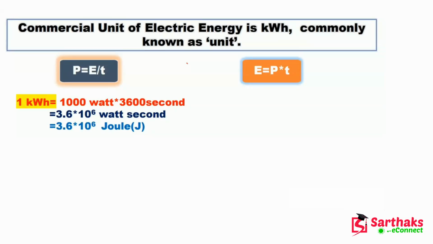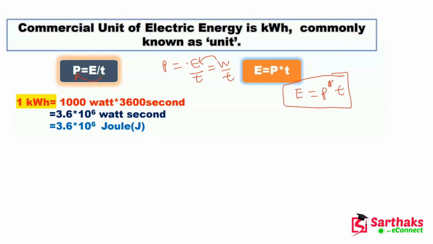We know that power is written as E upon T. Now you can cross multiply this T here, and then our energy will be equal to P multiplied by T. We saw that power is energy upon time, or work upon time, in our previous slide. This work done can be written as energy, and if you cross multiply it, it gives you E is equal to P multiplied by T.